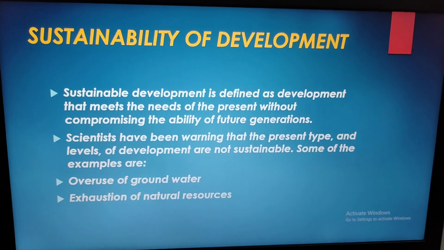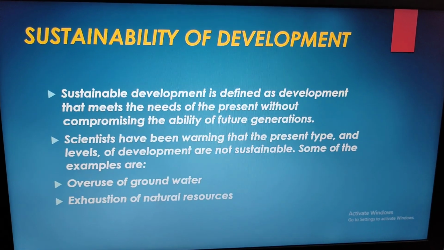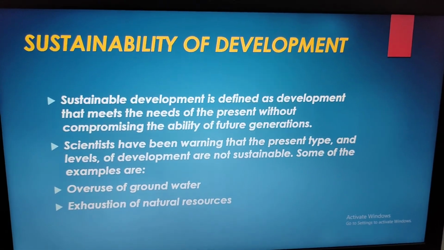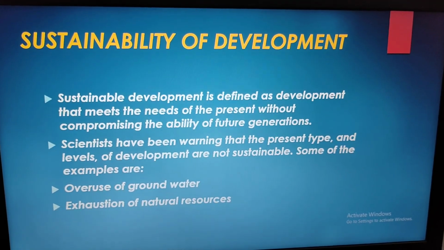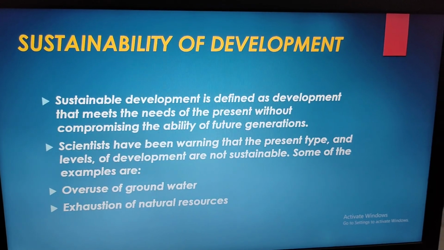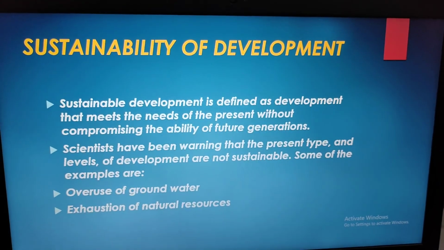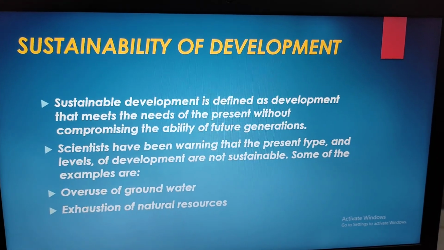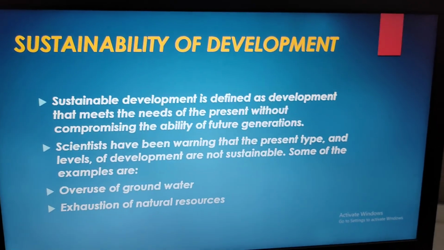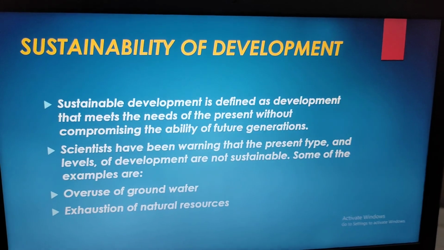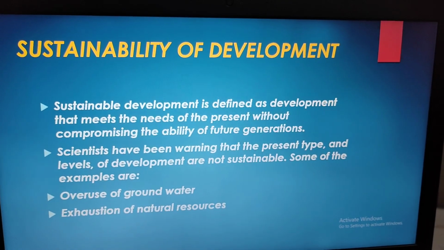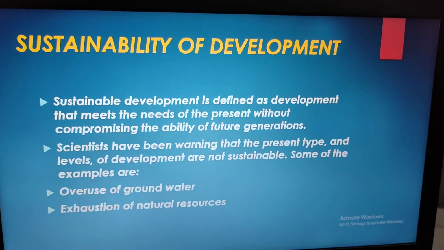Now, sustainability of development. Sustainable development is defined as development that meets the needs of the present without compromising the ability of future generations. It means we are meeting the needs of our present generation, but we keep in mind that the ability of future generations is not compromised.